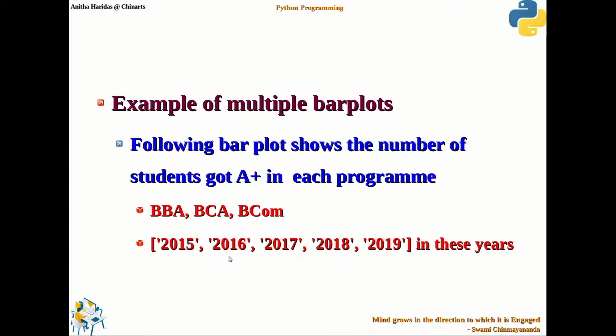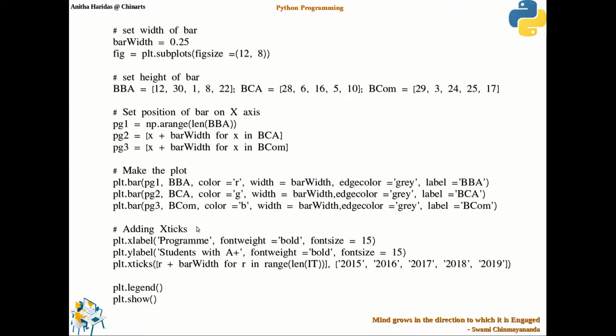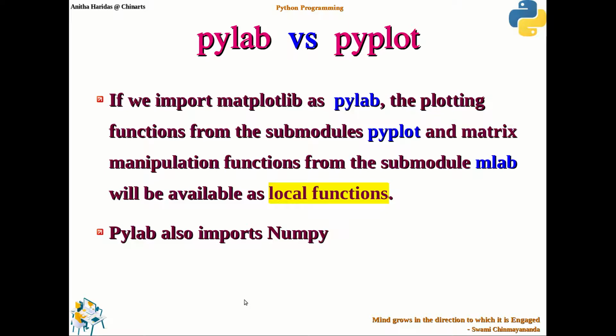So we want to compare in which particular year, in which particular program, more students have got A plus. So this was the example, and this example used the subplots function. So these were the topics we covered in our previous session.